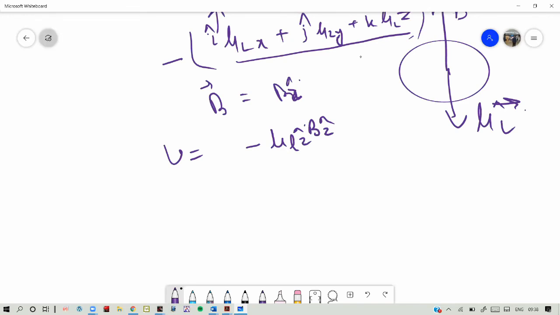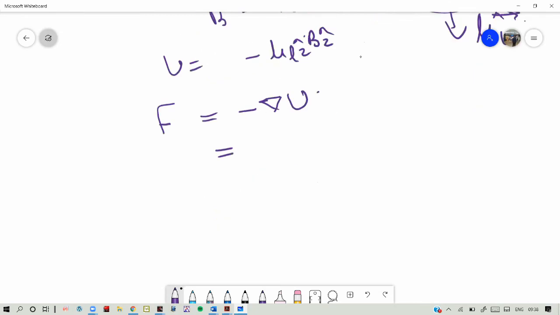We also know that the force F exerted on those silver atoms is equal to minus the gradient of U, and this gradient is along the z direction because the field has a direction along z. Then the force exerted on the silver atoms in the z direction is plus mu_Jz del B by del z.